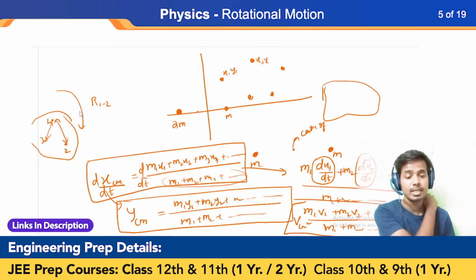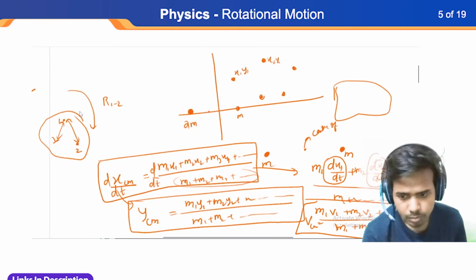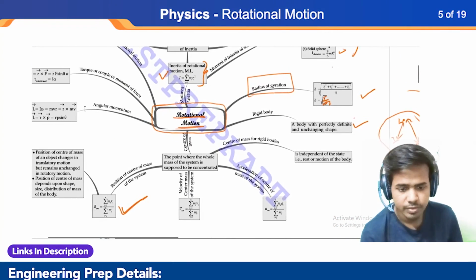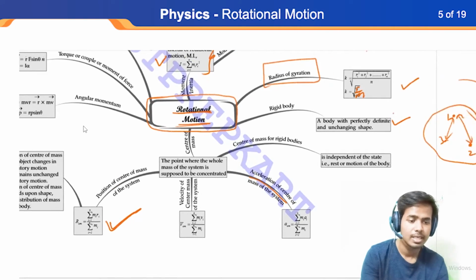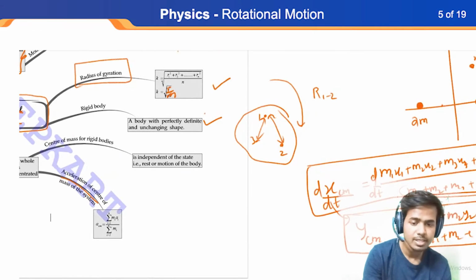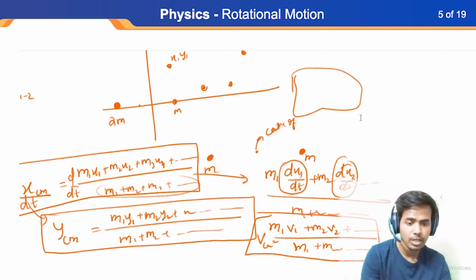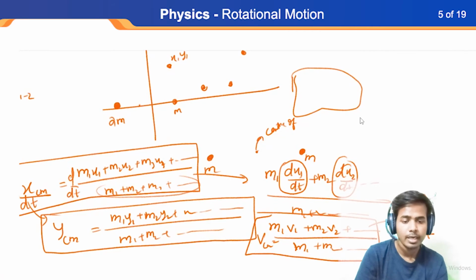So this was about the center of mass, which is very important. In the same manner, I can calculate the acceleration, because if I have this equation for the velocity, I can again differentiate it with respect to time, and I will have the acceleration of the center of mass.